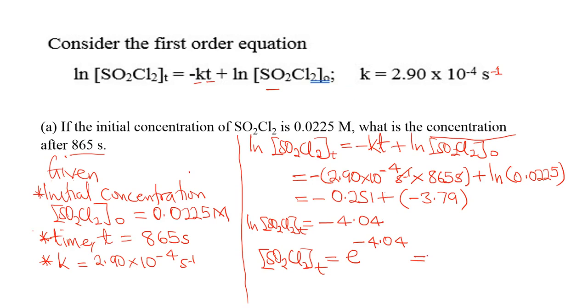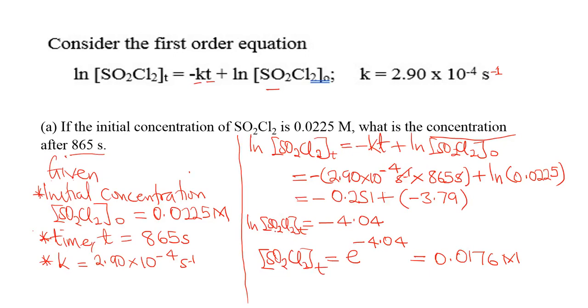So for this one, the concentration will be 0.0176 molar. You need to know how to use your calculator, and also you need to get rid of the natural log.